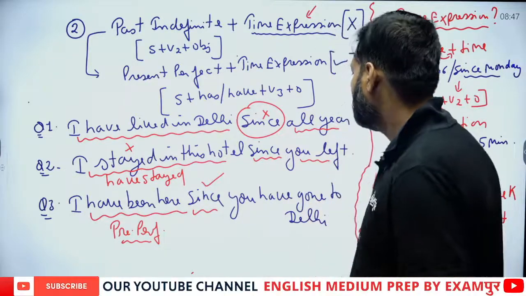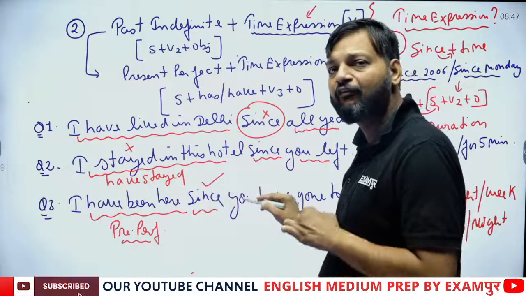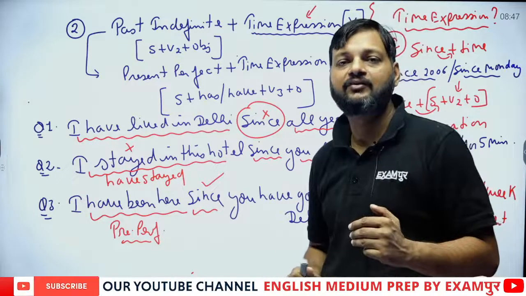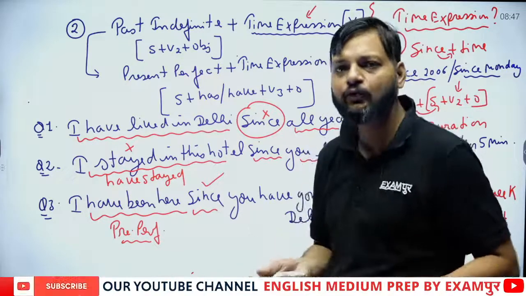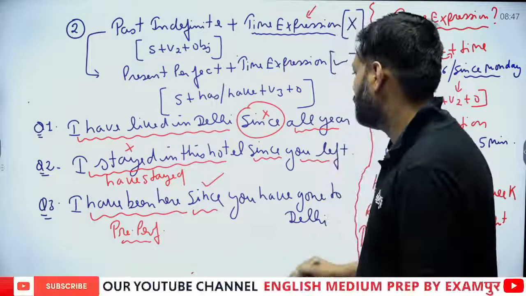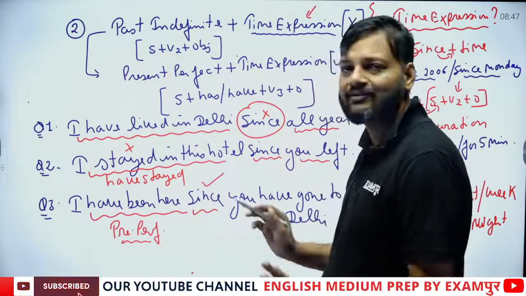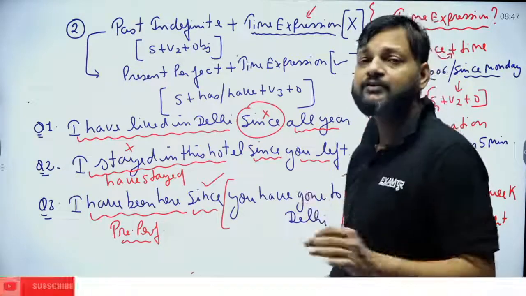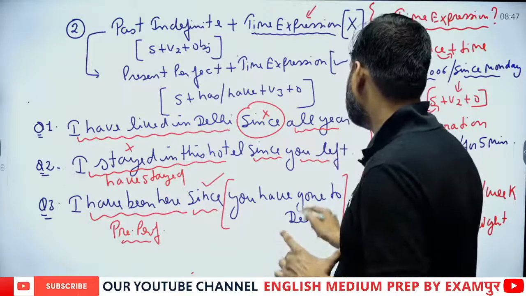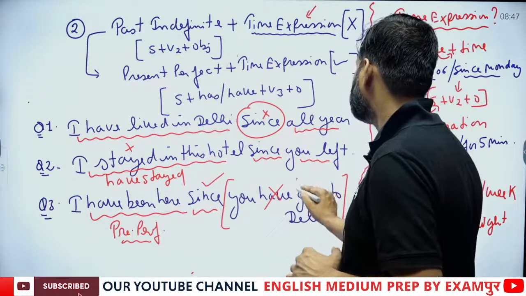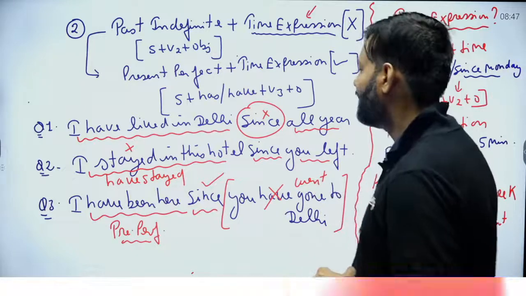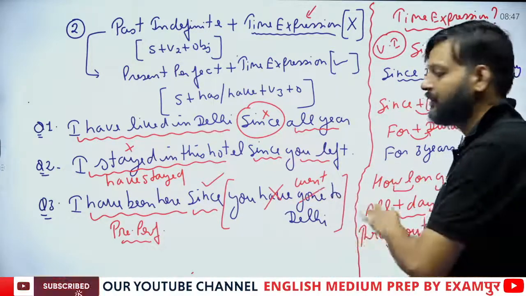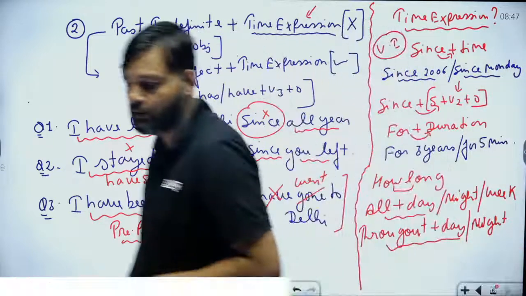So here since should have been followed by past indefinite, but in this sentence we have present perfect, and after since a perfect clause cannot be used, it should be changed into past indefinite. So here I have been here is absolutely correct, since is absolutely correct, but this clause you have gone to Delhi must be changed into past indefinite. So here remove have and change gone into went. So the sentence would be I have been here since you went to London. Since you went to London.